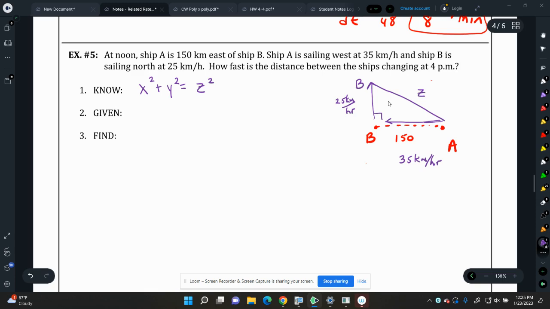We know dx/dt, traveling 35 kilometers per hour west. I think we want to make that negative, because it's going towards it, 35 kilometers per hour. And then we know dy/dt is 25 kilometers per hour.